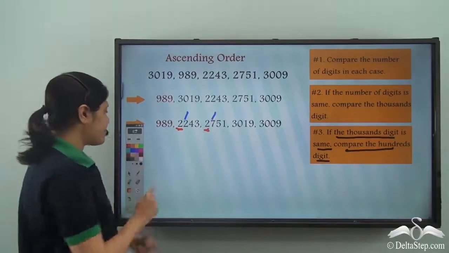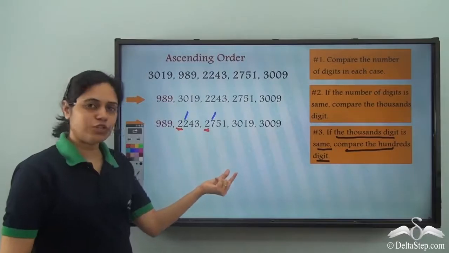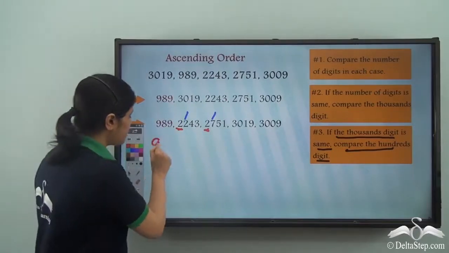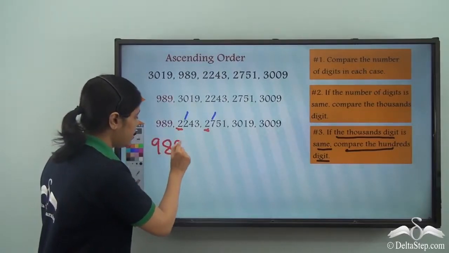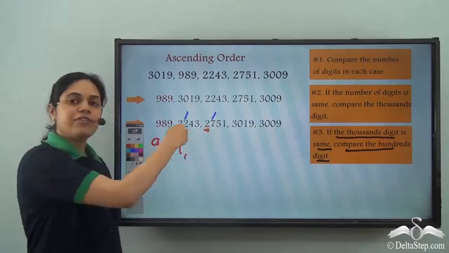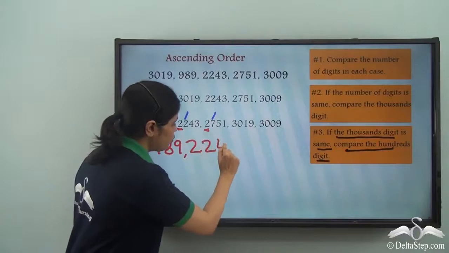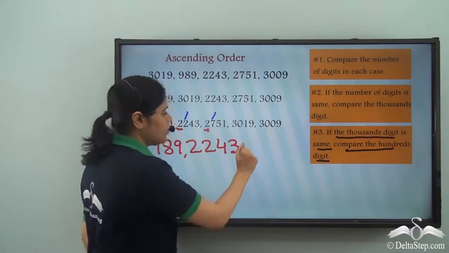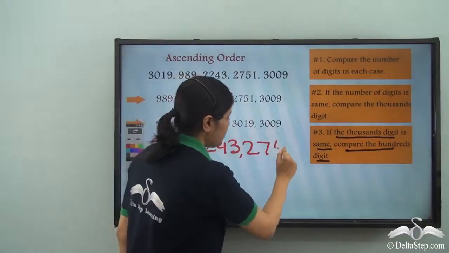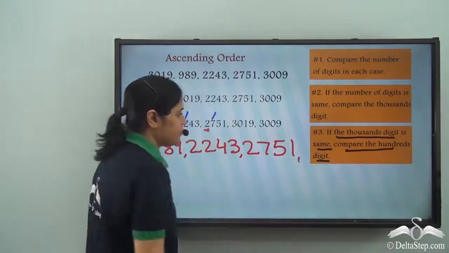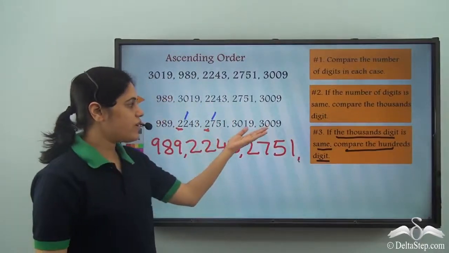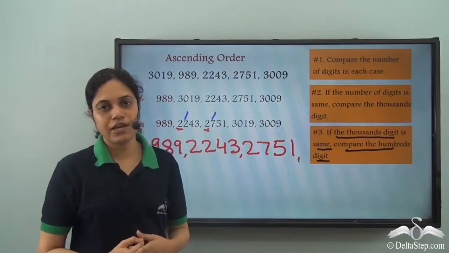So 2751 will come after 2243. So let's write it. 989. 2751 will come after 2243. So I have 2243, 2751. Now 3019 and 3009 are left.